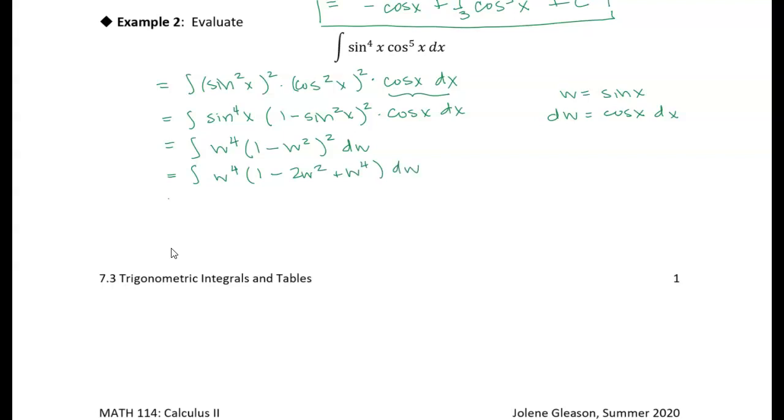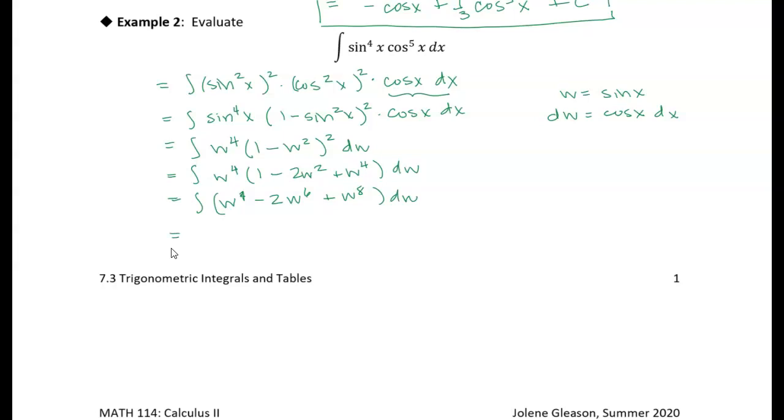And then I multiply through by w to the fourth, right? So I have the integral of w to the fourth, and then minus 2w to the sixth plus w to the eighth, right? So I have that whole polynomial, right? And now that's pretty easy to integrate.